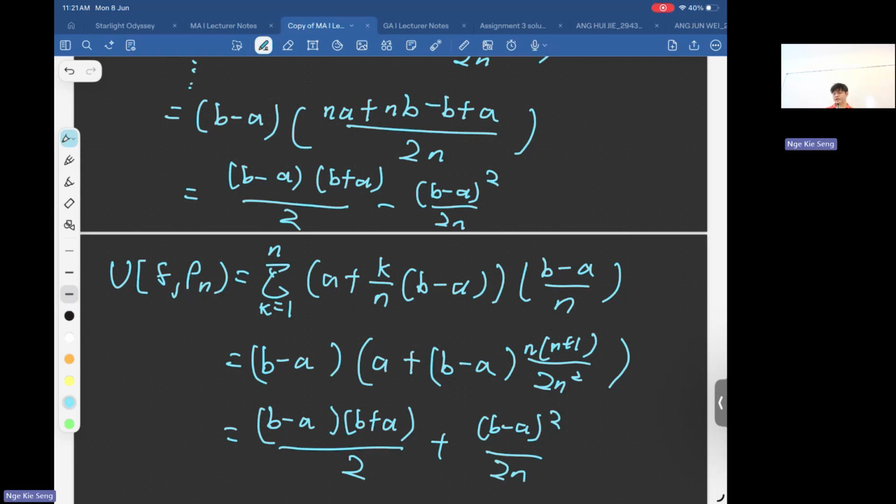Also you can see that the second term also disappears when n goes to infinity.